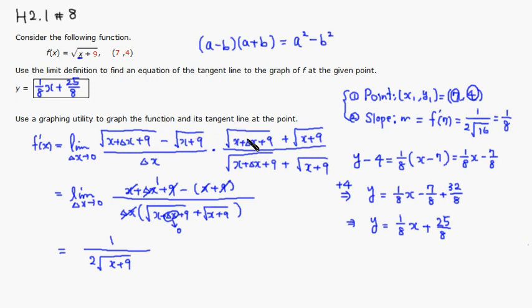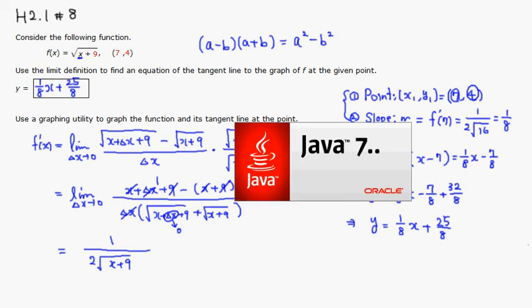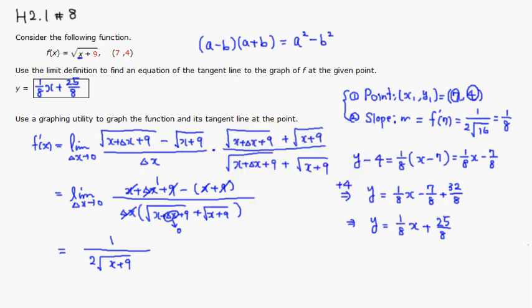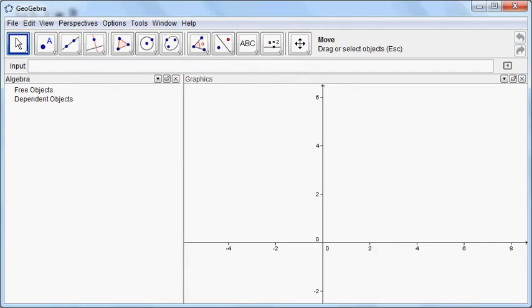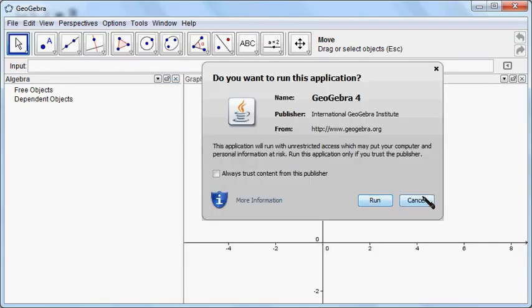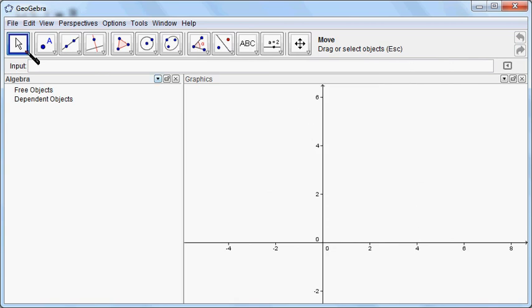It says to use a graphing utility to graph the function and the tangent line. So let's do that. I'm going to open up GeoGebra. Let's type in the function, the square root of x plus 9, and call it y equals.